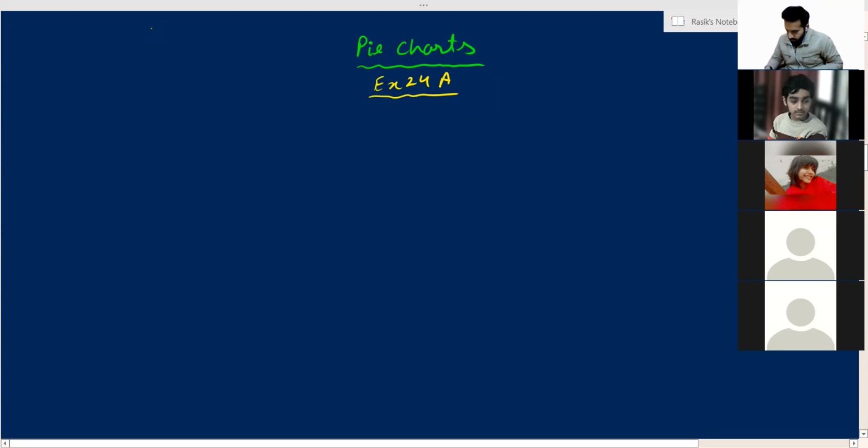Sir, monthly income and expenditure. Monthly income and expenditure of a family. Okay. What is their total monthly income? It is given in the question. 28,800 is the total monthly income.